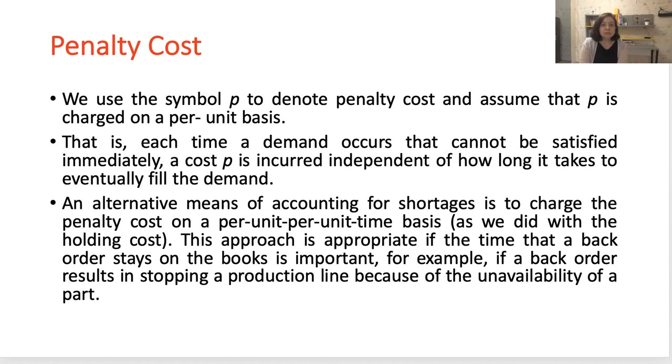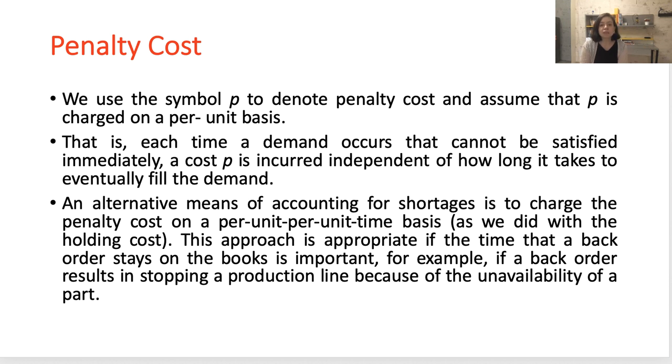We use the symbol P for penalty cost and assume that P is charged on a per unit basis. It doesn't depend on time, just like inventory holding cost. But in some cases, it may depend on time.